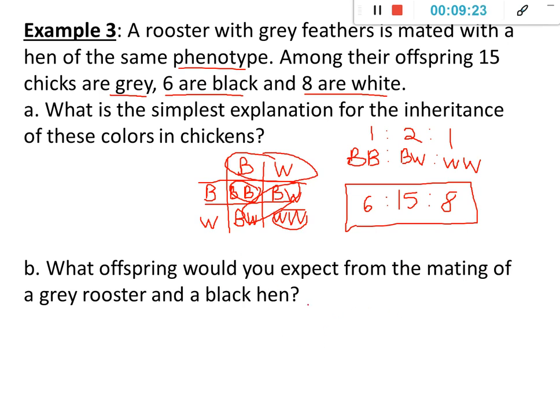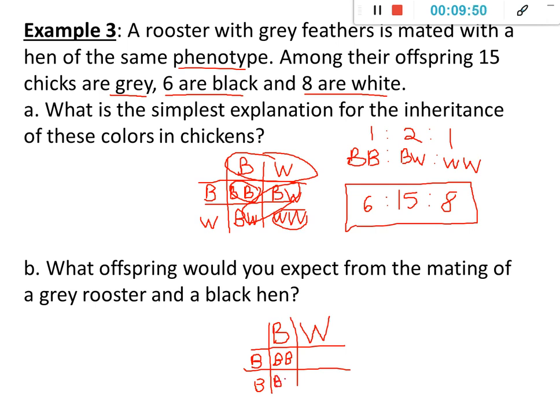What sort of offspring would you get if you mated a gray rooster? So if it is codominant, a gray rooster would have to have both black and white traits. And if it is with a black hen, it would have to have homozygous for those traits there. So then we look at this Punnett square, the 2 B's would come together. Same here.